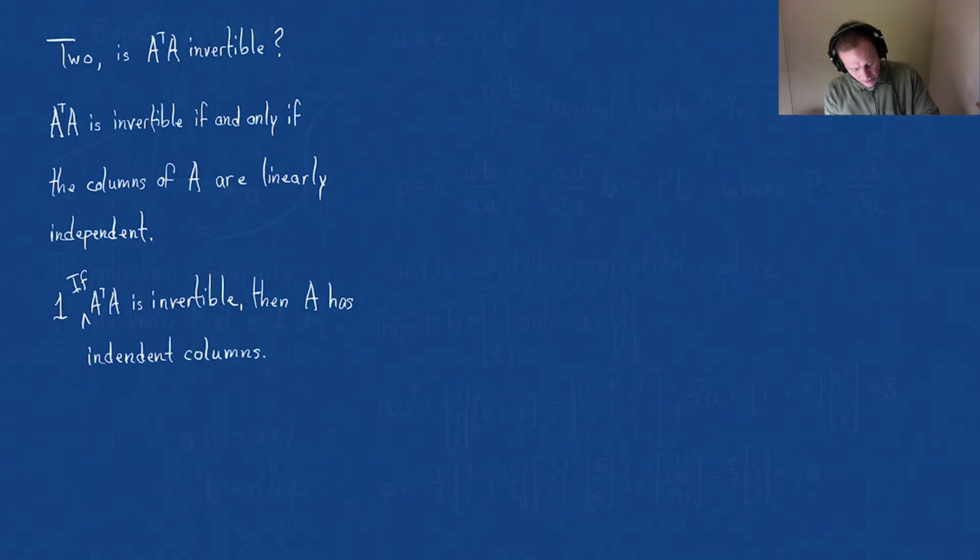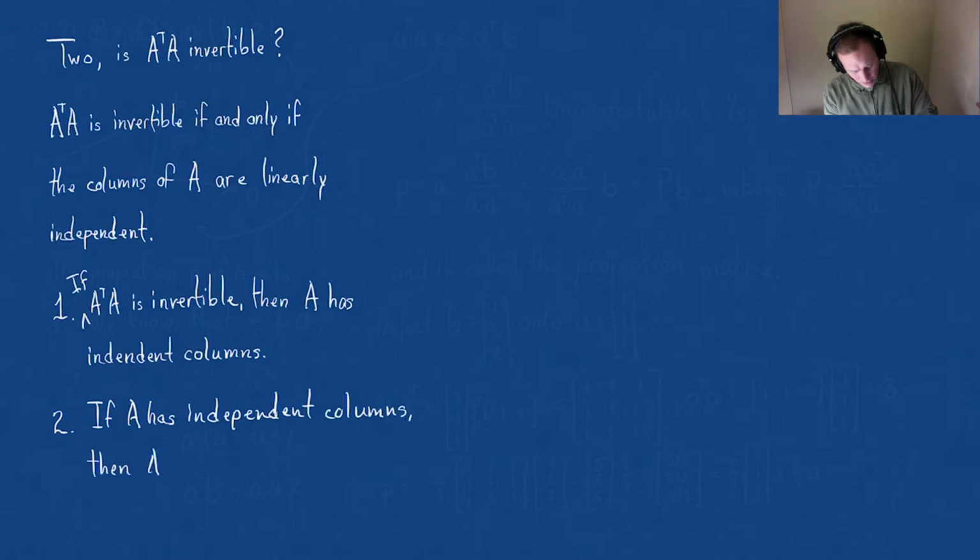And the second thing that we have to show, number 2, is that if A has independent columns, then A transpose A is invertible.